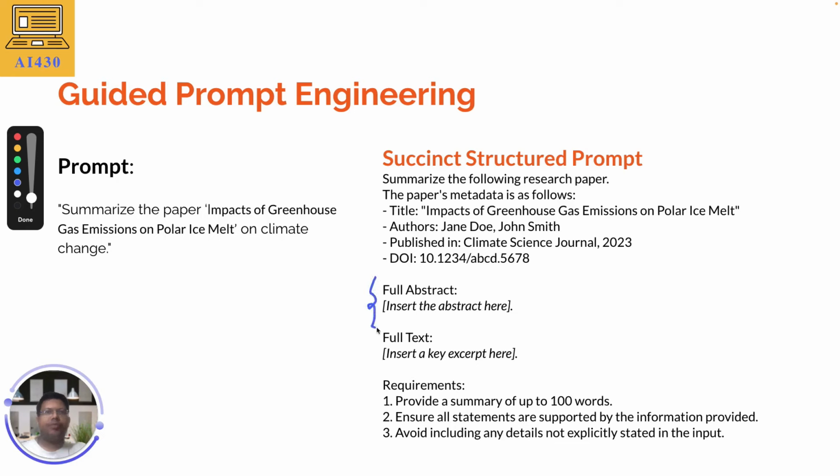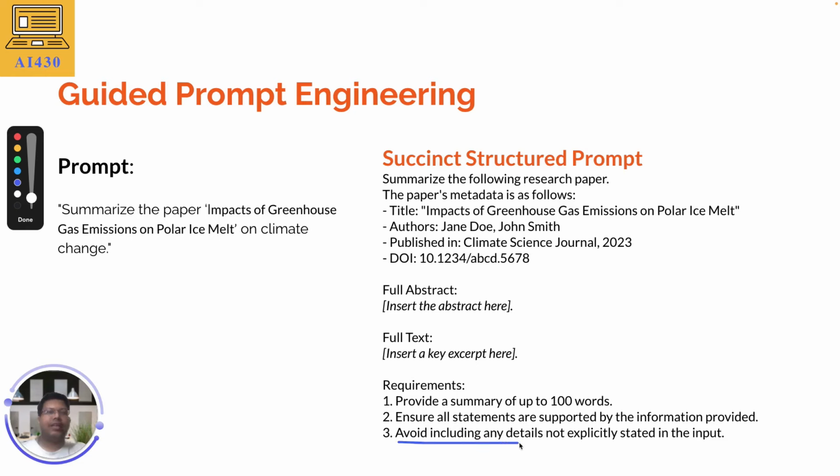Then here, what we have given is the full abstract and the full text, and then what I have given over here is my requirement. Provide a summary of up to 100 words, ensure all statements are supported by the information provided. So remember this specific word, supported, and up to 100 words. And finally, avoid including any details not explicitly stated in the input.